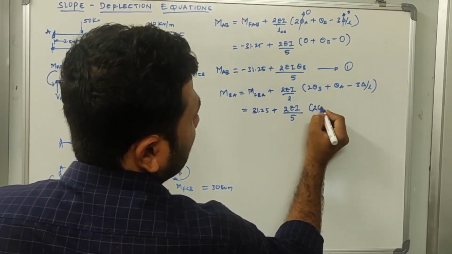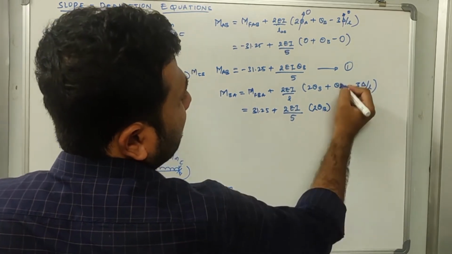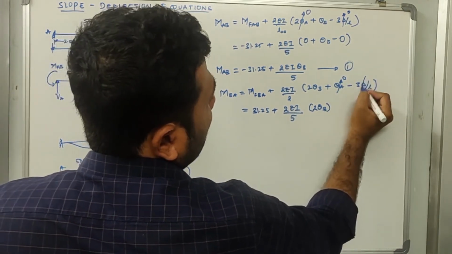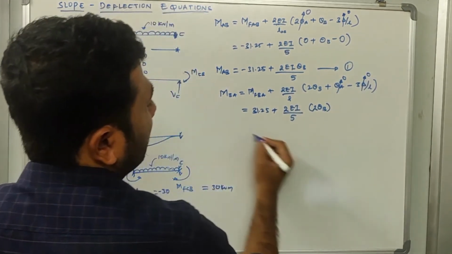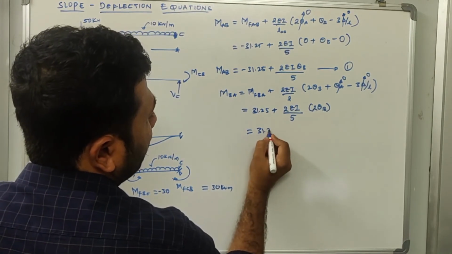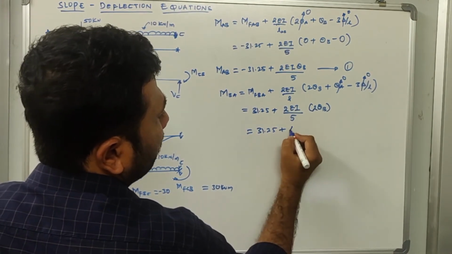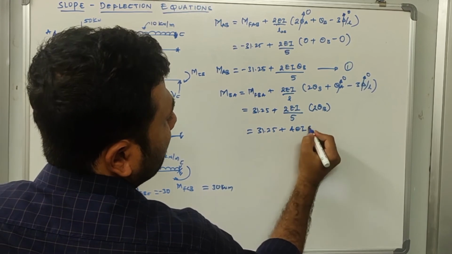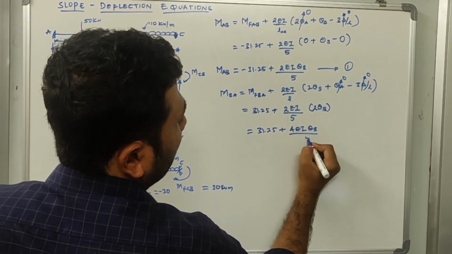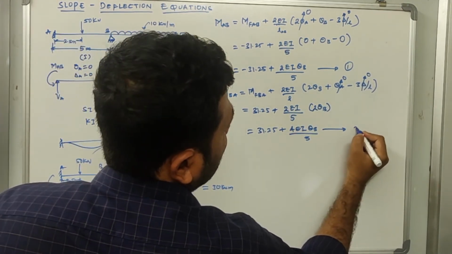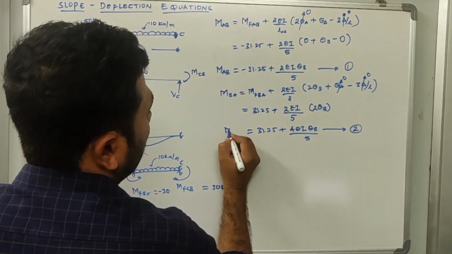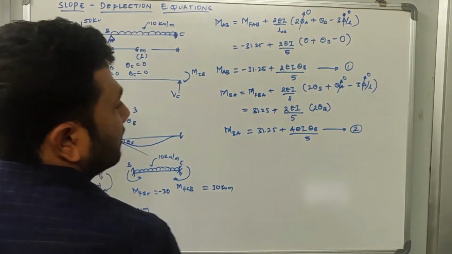Theta B exists, so that's why theta B is here. Theta A is equal to 0, delta is also equal to 0, right? So the equation is 31.25 plus 4EI theta B by 5. This is my second equation, which is the MBA equation.